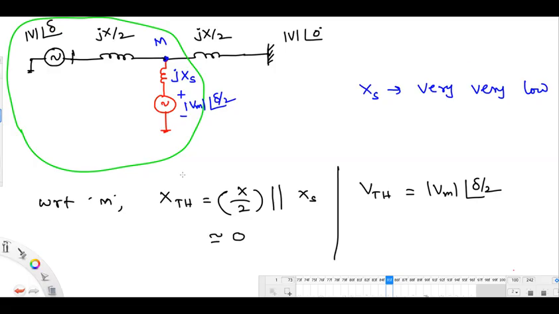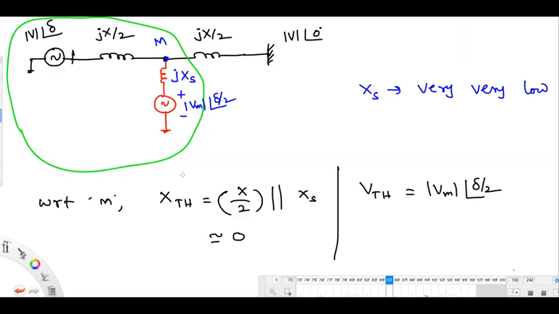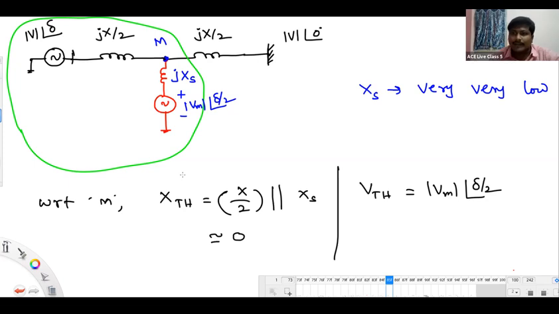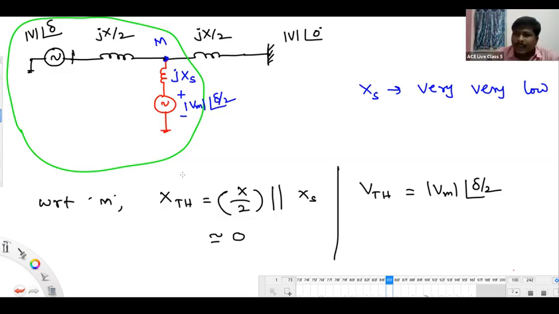Then we say machines are not properly synchronized. If the frequencies of the induced EMFs are exactly equal, we say machines are properly synchronized. Nearly equal is also acceptable; the systems are in synchronism, because continuously we are operating the system with disturbance only, right?